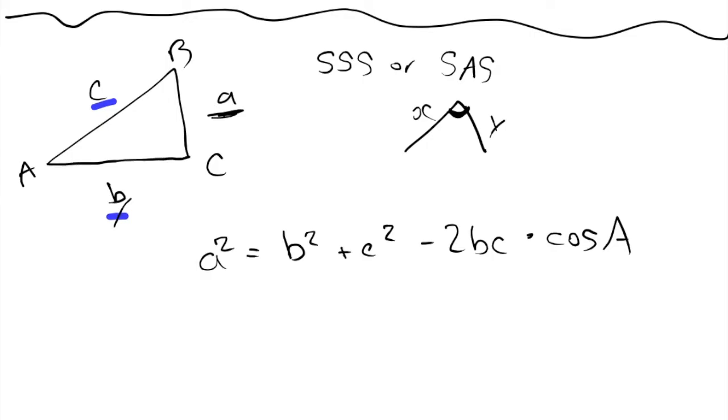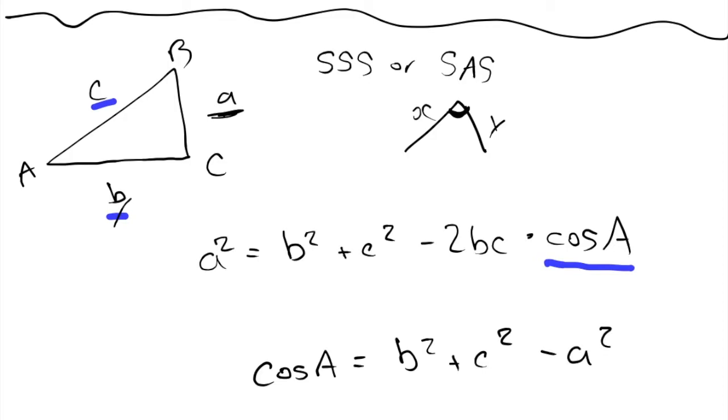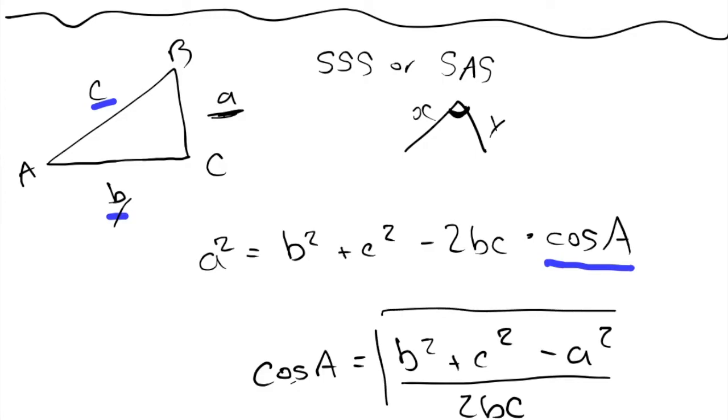And just like the sine formula, where there were two different formulas, if you rearrange this formula and isolate for cos A, you get cos A is equal to B squared plus C squared minus A squared over 2BC, right? And now that you have that, all you're doing is isolating for A and then taking the inverse cos of whatever answer you get over here to find angle A.